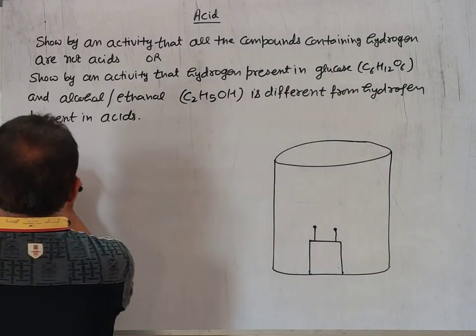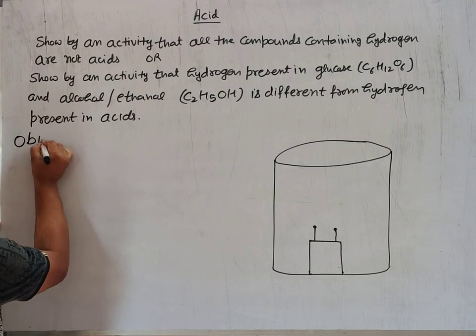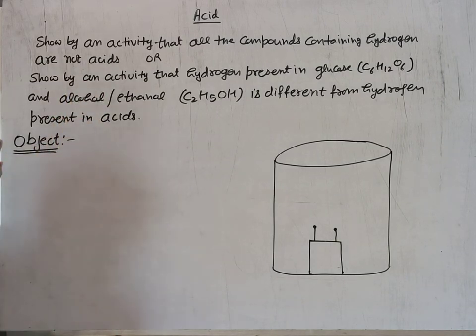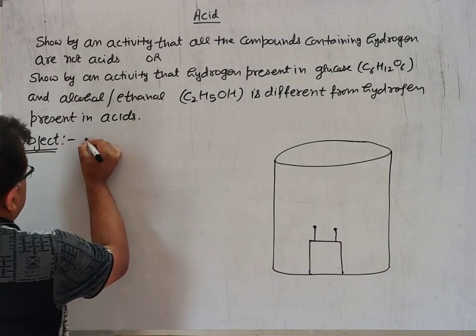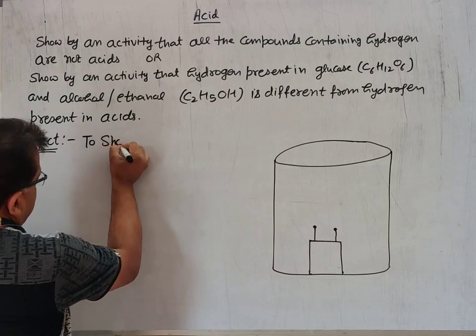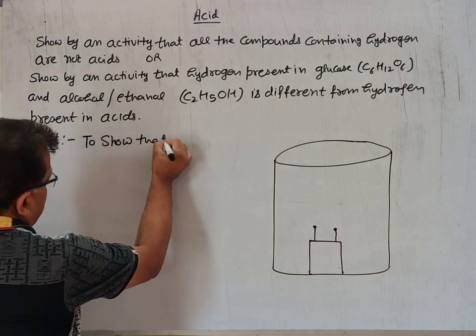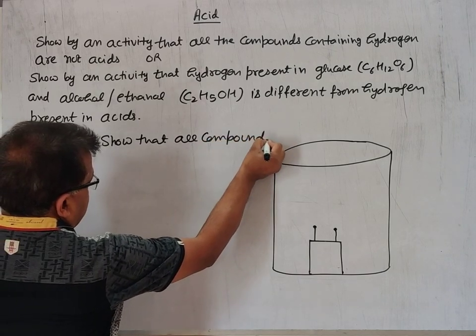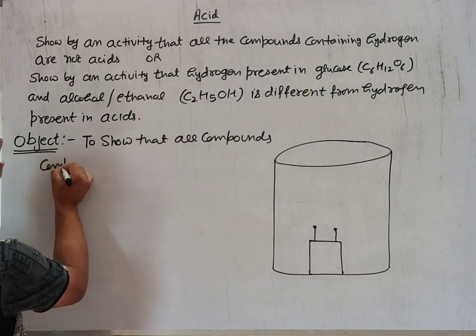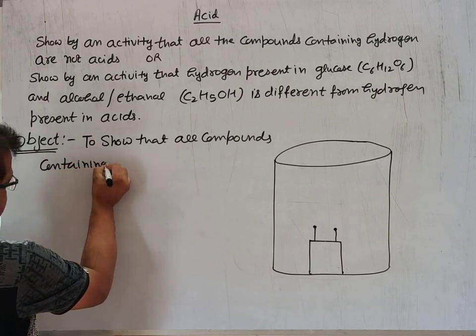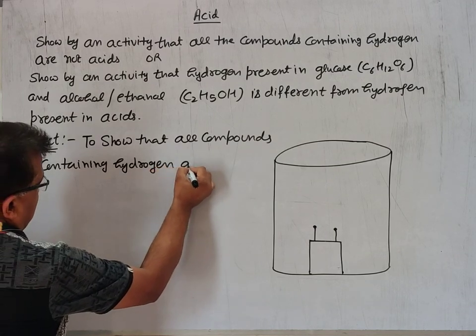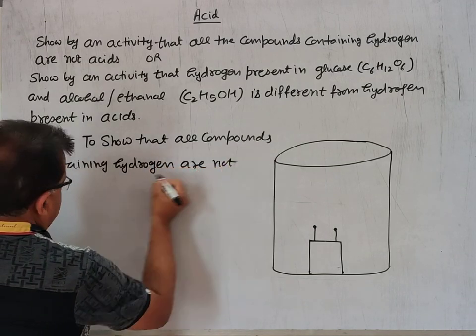At first we shall write the object, which is given in the question: to show that all compounds containing hydrogen are not acids.